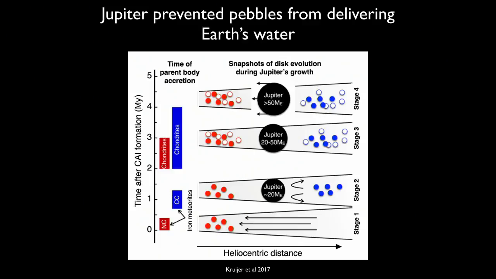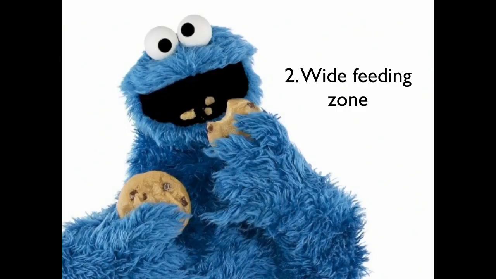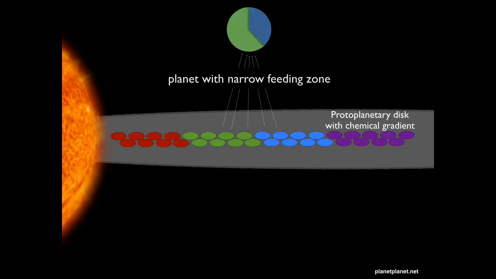All right, mechanism number 2 is a wide feeding zone. All right, you must all know who this is. Cookie Monster. All right, so wide feeding zone, what's that all about? So here, cartoon again, because I like using cartoons. So here's a protoplanetary disk with a chemical gradient. Now, imagine you form a planet from just a very narrow feeding zone, right?